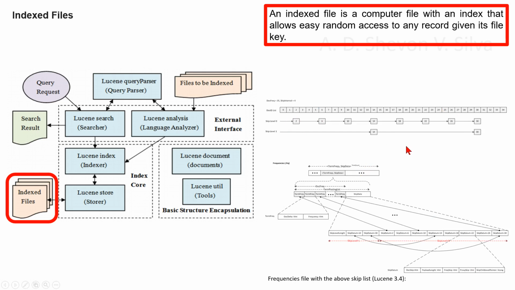For example, if the skip interval is 4, max skip levels is 2, and doc frequency is 35, skip level 0 has 8 skip data entries, equal to 35 divided by 4 to the power 0 plus 1, containing the 3rd, 7th, 11th, 15th, 19th, 23rd, 27th and 31st document numbers in the term freq.